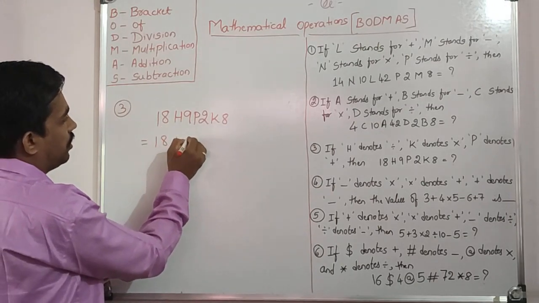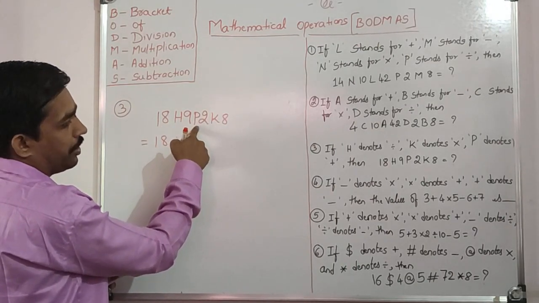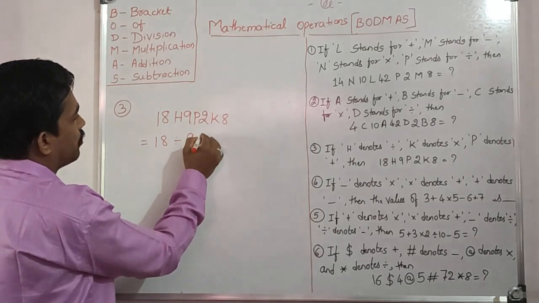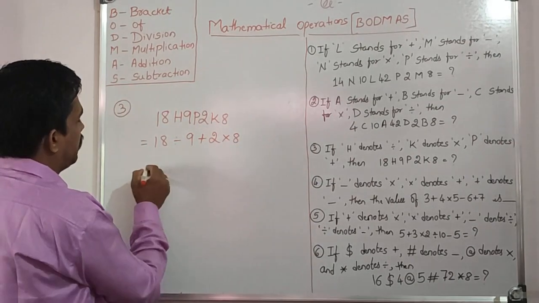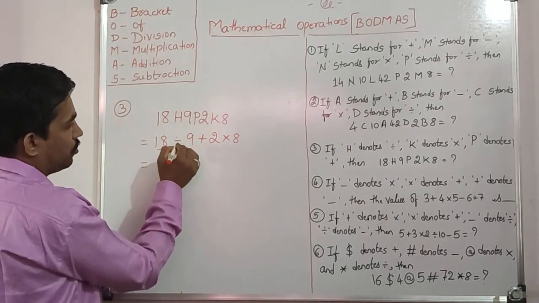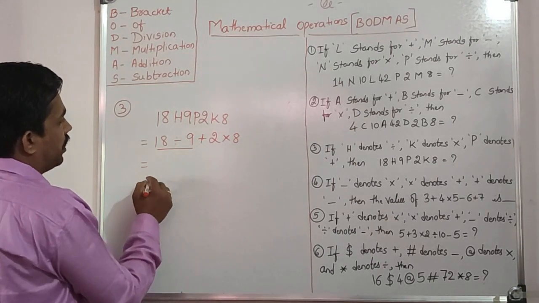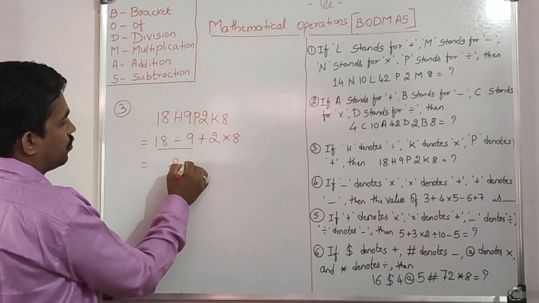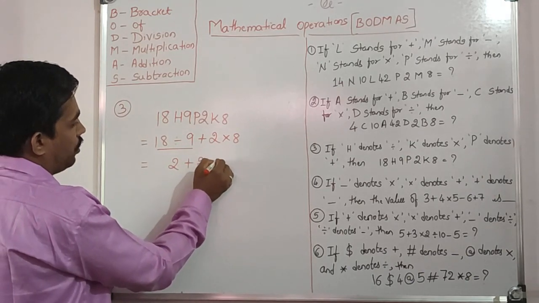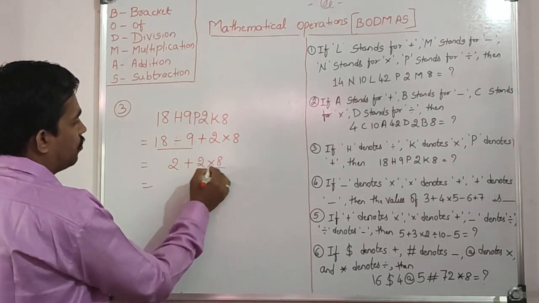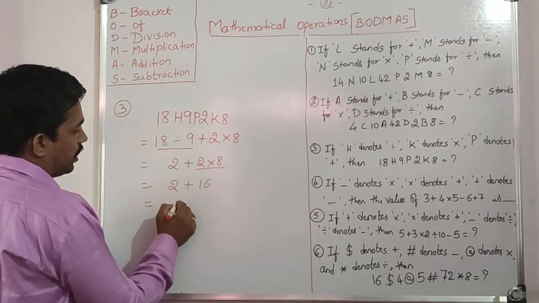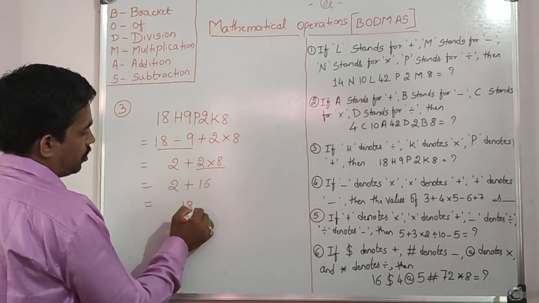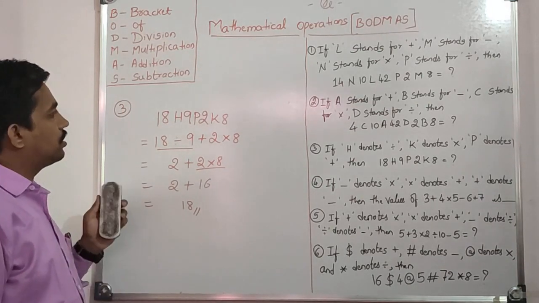H means divide, P means plus, K means into. So first we have to do this: 18 divided by 9 is 2, plus 2 into 8. Again you have to do this: 2 plus 16, that is 18. So our answer is 18 for the third question.